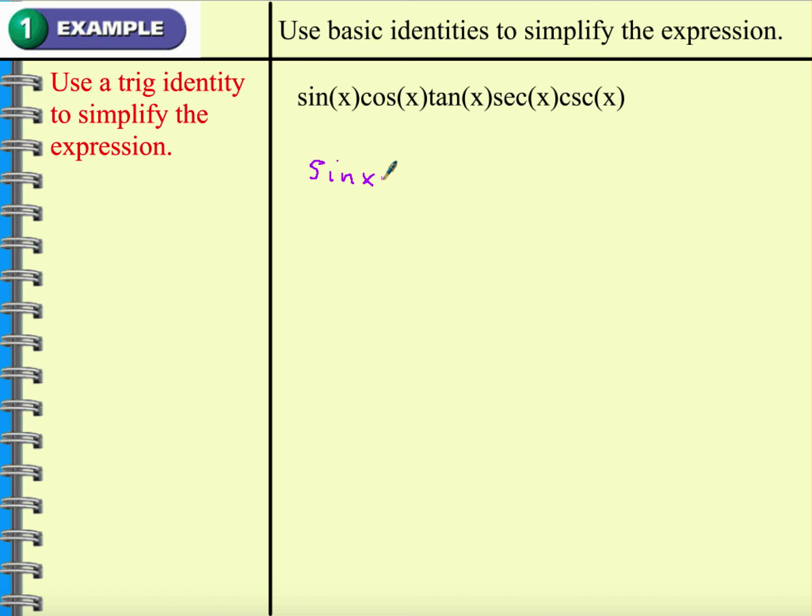It's being multiplied by cosine. Also, I don't have to change cosine since it's already cosine. Remember, I'm using the strategy of changing everything into sines and cosines. Whoa. Here's tangent. I'm going to go ahead and use one of my quotient identities to change tangent into the fraction sine divided by cosine.